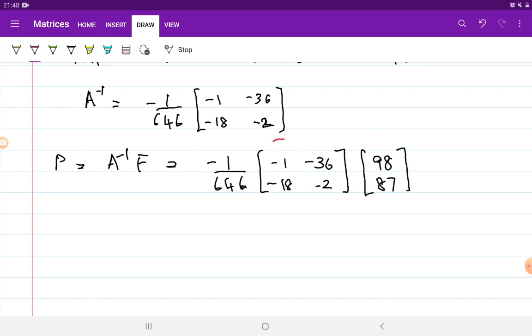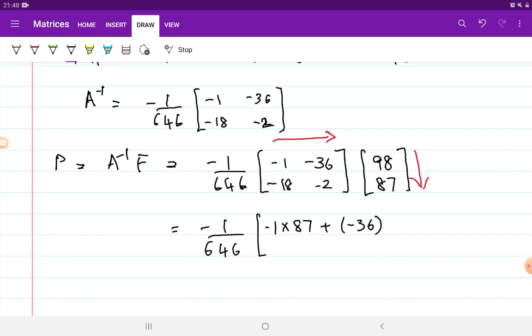Once again, matrix multiplication takes place in this way. So my answer will be minus 1 by 646 into minus 1 into 87 plus minus 36 into 87... oh, I'm so sorry.